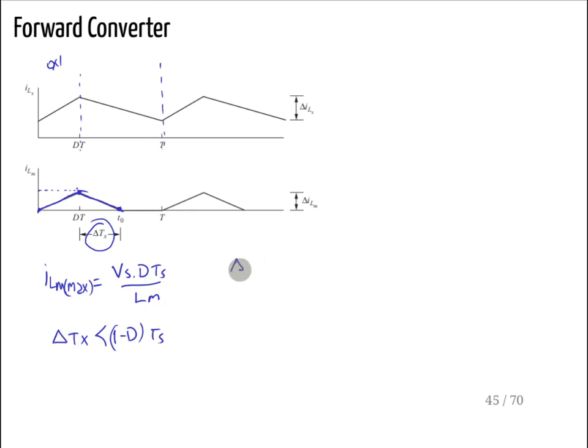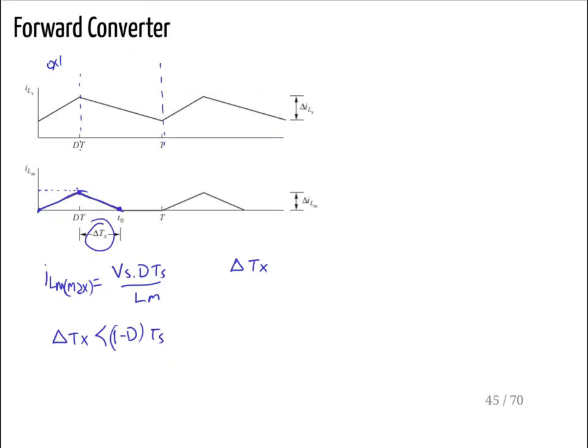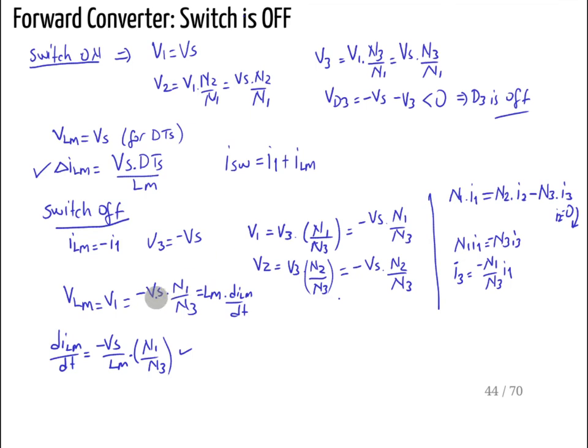And let's calculate that period. I know the current is decreasing at that rate, so if I divide that current by that rate, I can calculate the time that is required. So I can write that current as Vs dTs divided by Lm, divided by the rate of change.